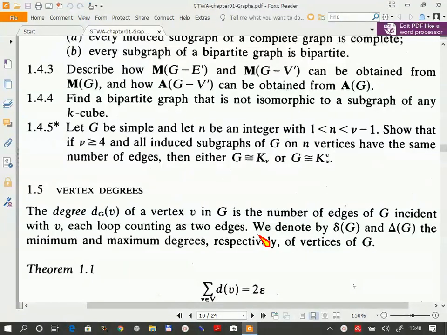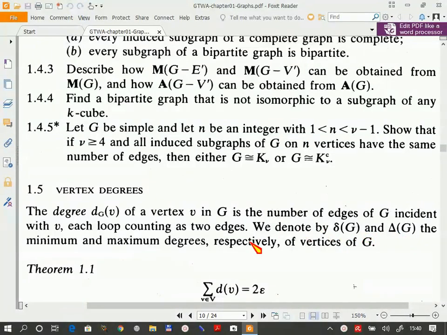If it is a simple graph, if it has no loops, the columns of the adjacency matrix give as a sum the degree of that vertex, but not if you have loops, because there is a difference of one.